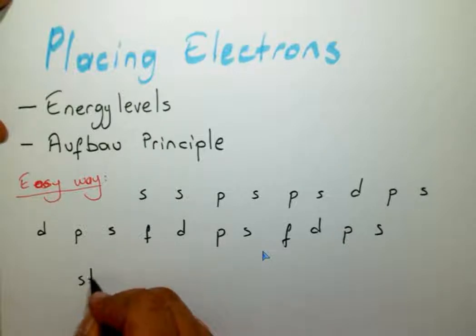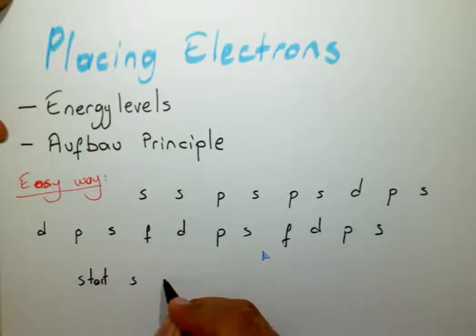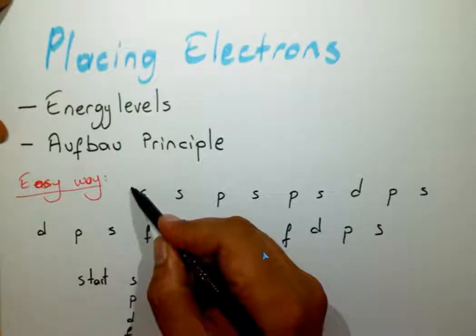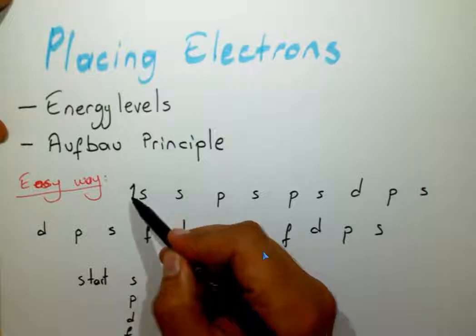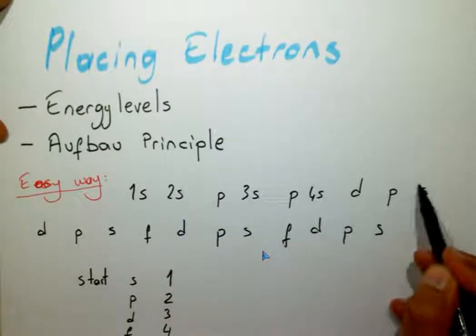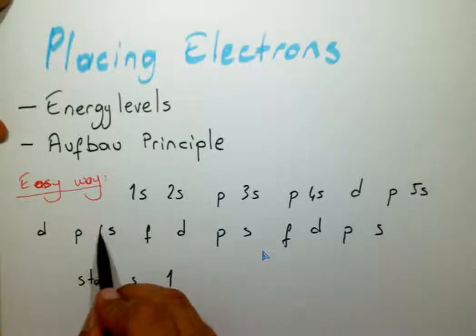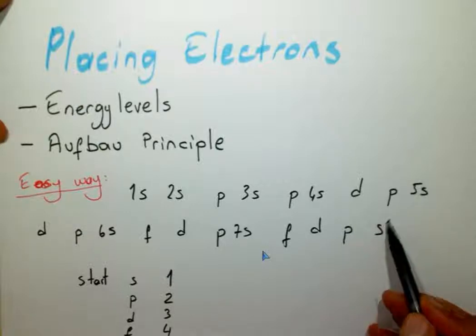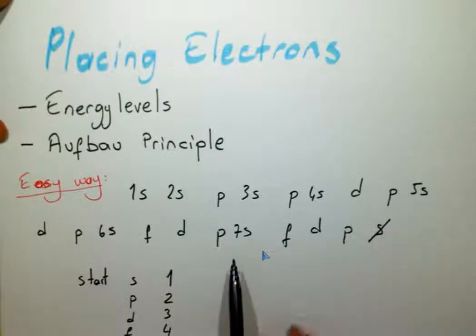So the other trick is to start s with 1, p with 2, d with 3, and f with 4. So we first do the s orbitals: 1, 2, 3, 4, 5, 6, 7. We don't need more because there are at most 7 energy levels.